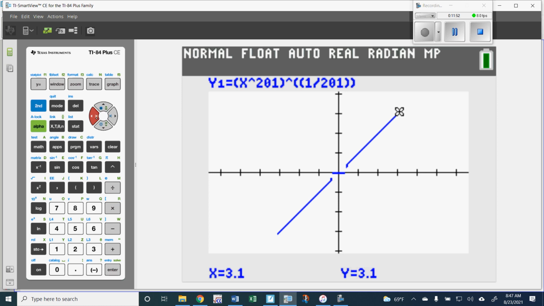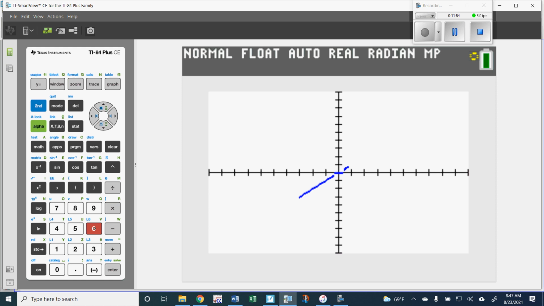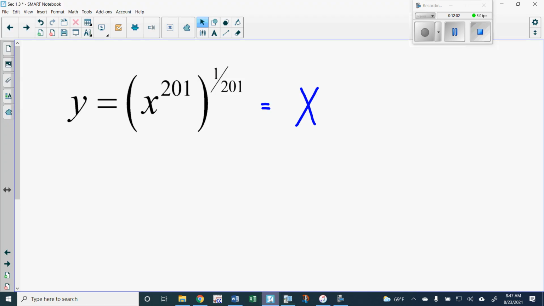Now, graph that one on your calculator again. Okay.